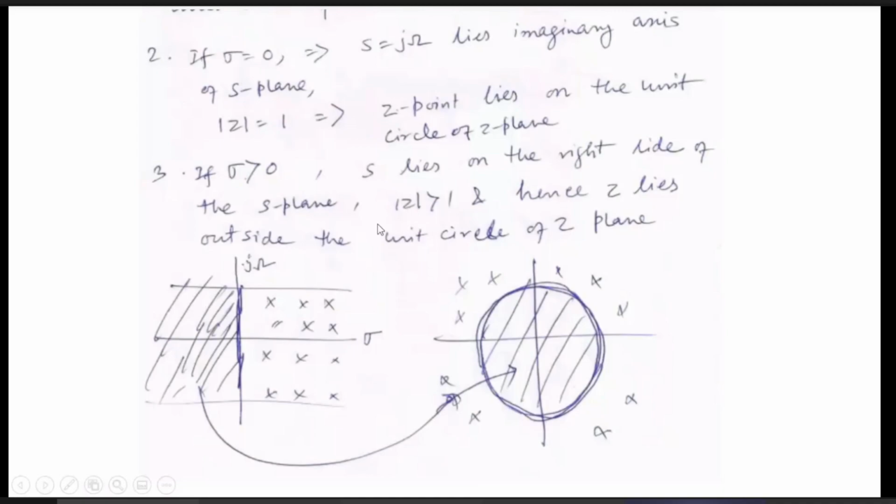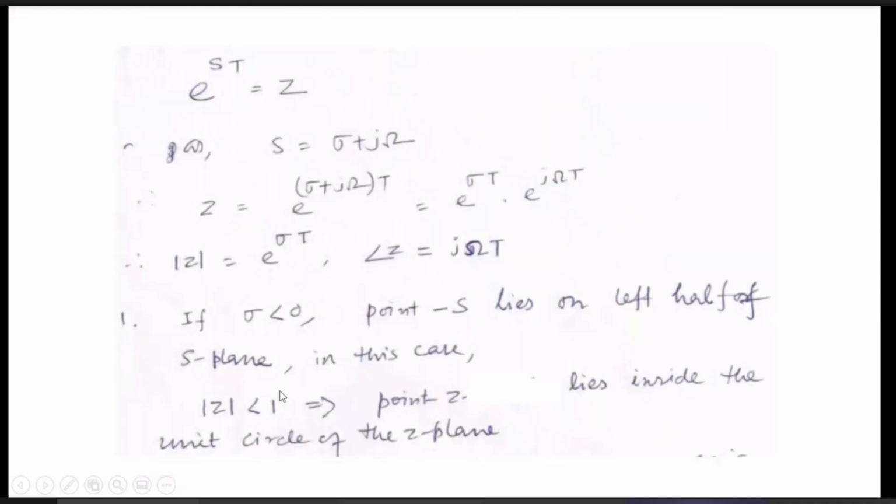So mod z is greater than 1, and z lies outside the unit circle of the Z plane. In this equation, sigma is greater than 0, that means positive. The value of e is generally between 2 and 3. So that means the mod of z is greater than 1.